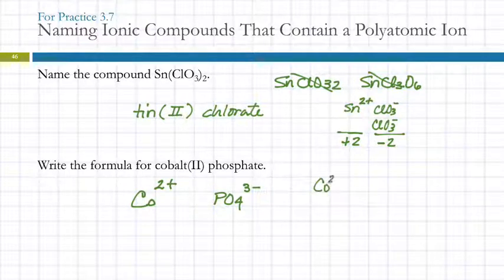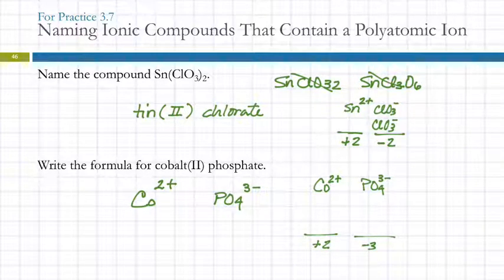So drawing it out, I see I've got +2 and -3. So I need more positive charges. All I can do is add another one of those. So now I've got +4. I've got too much negative... I mean, I need more negatives, so I'm going to add more. That's a 3, then this is -6.